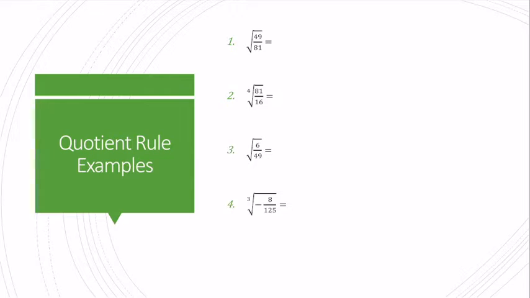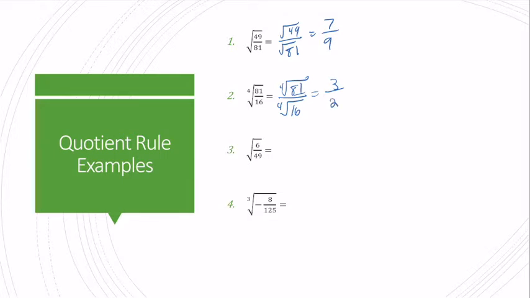So a few examples. If I have the square root of 49 over 81, that's the same as the square root of 49 over the square root of 81, which would give us 7 over 9. If I have the fourth root of 81 sixteenths, that's the same as the fourth root of 81 over the fourth root of 16. The fourth root of 81 is 3. The fourth root of 16 is 2, so I'd have 3 halves.